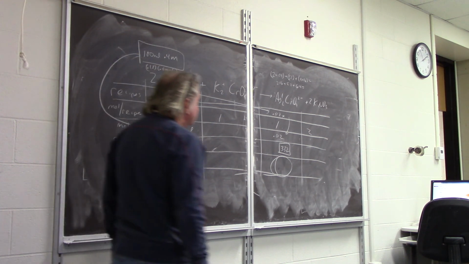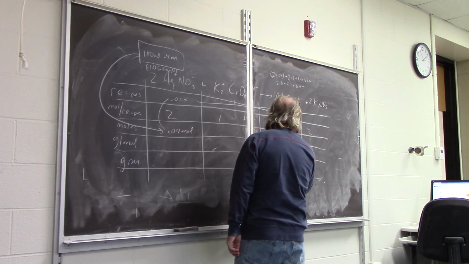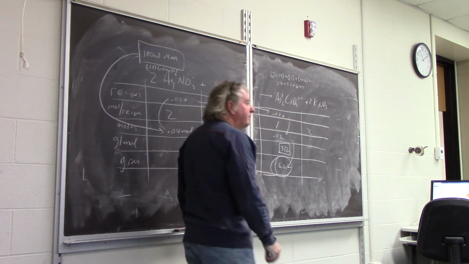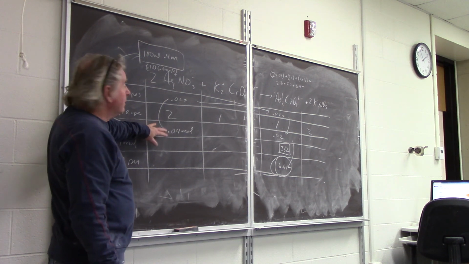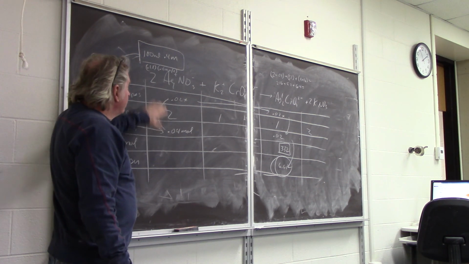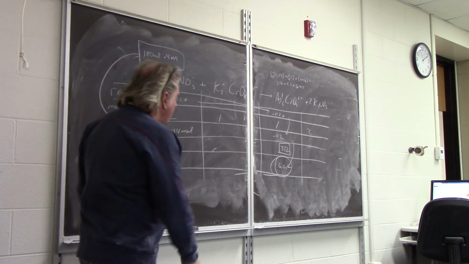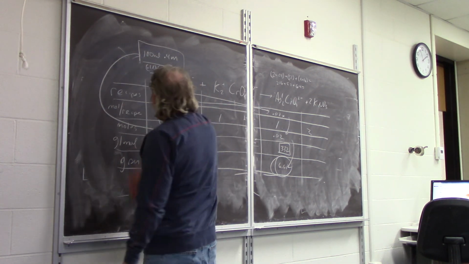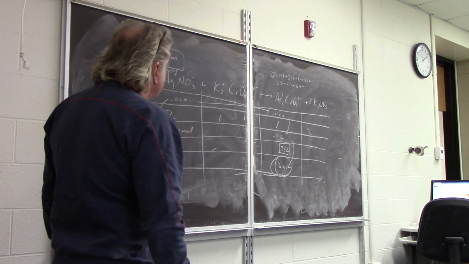How many is that? 6.64. Right. So the key is how do you get into the table. This gets you moles, so you figure out moles and then you put it on here. Okay, you can fill in the rest of the table.